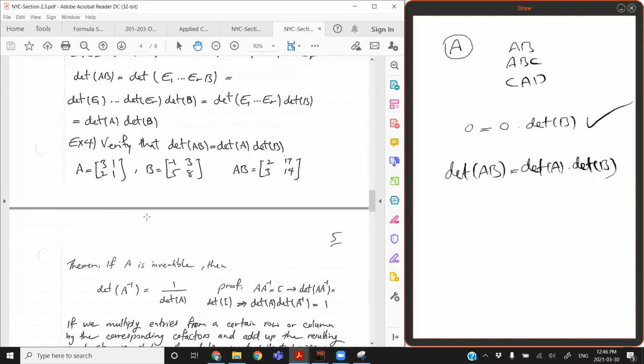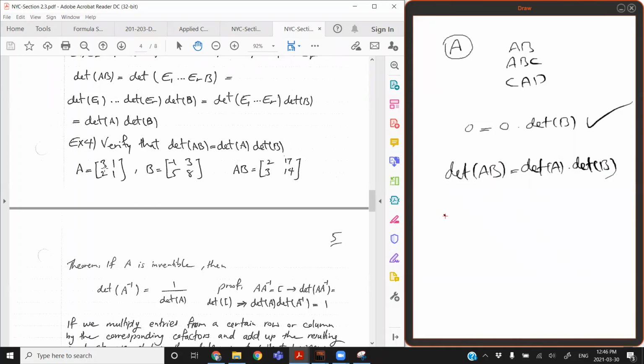Okay, we just proved it, but let's verify it with an example. We are given two 2 by 2 matrices. This is A, this is B, and here we have the product AB.